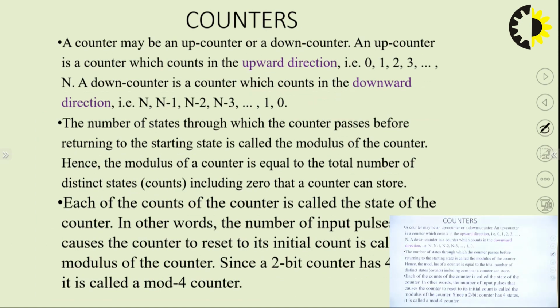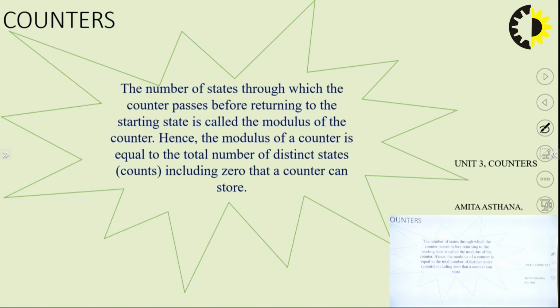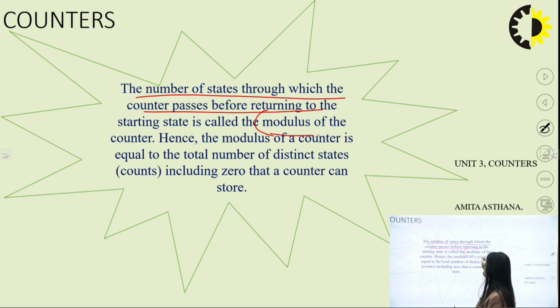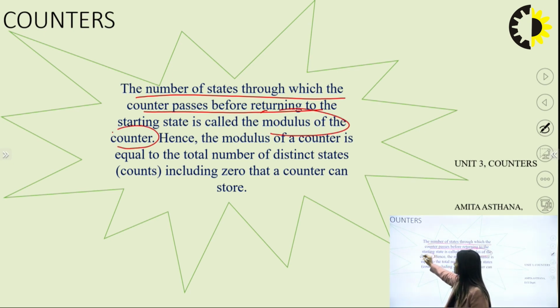And one more important thing for the state changes: whenever we define the number of states for the counter, that is also known as the modulus of the counter. The modulus of the counter is equal to the total number of distinct states including 0 when the counter starts counting.